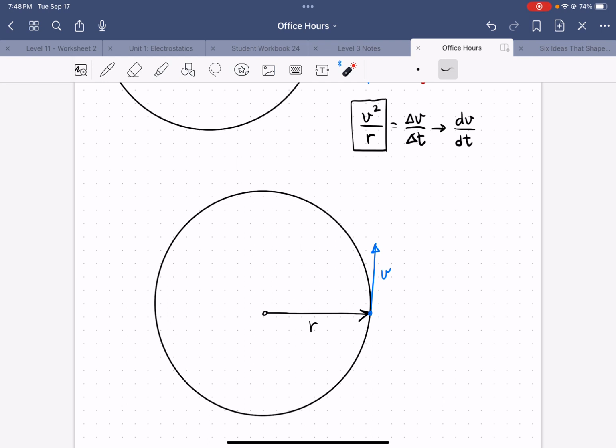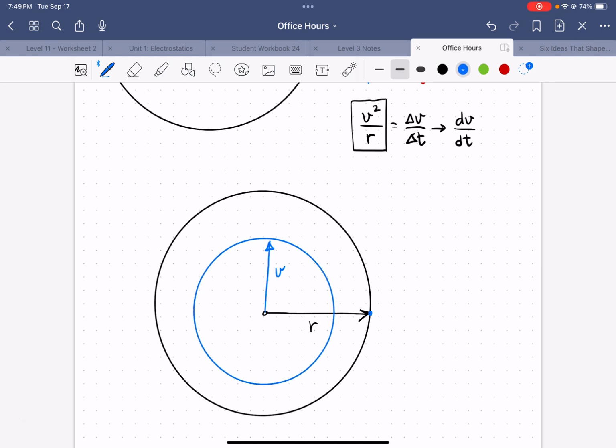So Maxwell's argument was to say, okay, let's suppose we take this velocity vector and we put that at the center of the circle, so we let it rotate with the radius vector. It will sweep out a circle similar in size. And so this velocity vector will go around, and it now looks like the radius vector we had before.